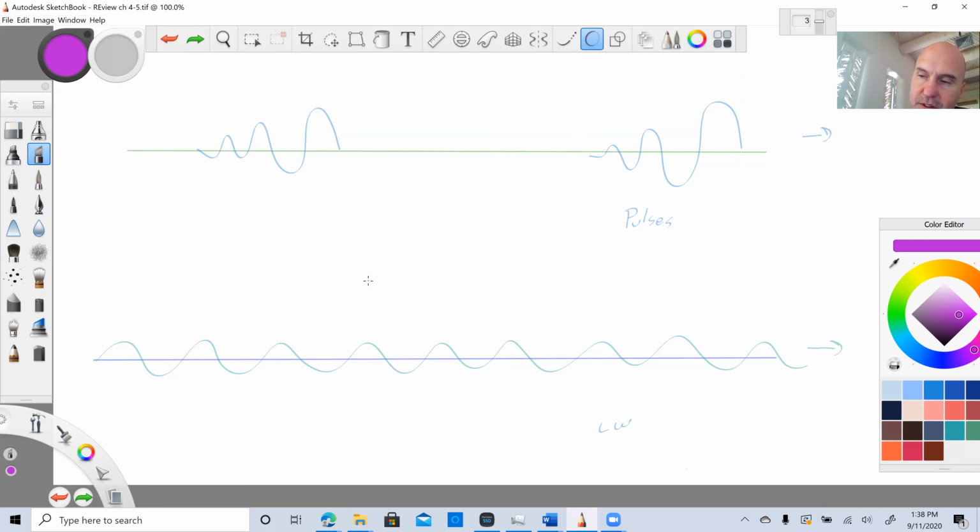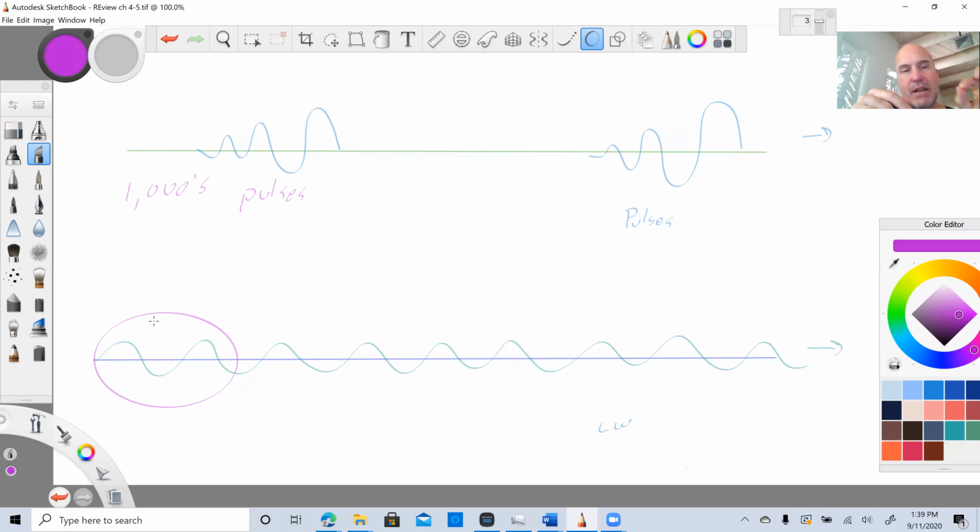Pulse repetition frequencies are usually in kilohertz, by the way. It's thousands of pulses. So remember, thousands of pulses, which take snippets of what would be a continuous wave, but it's not a continuous wave.